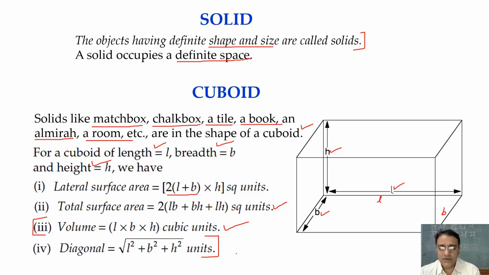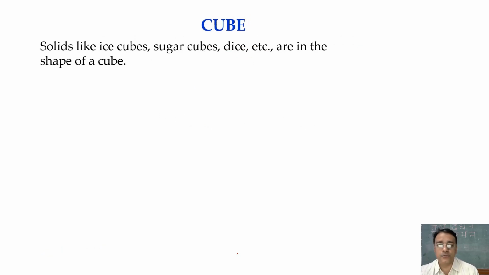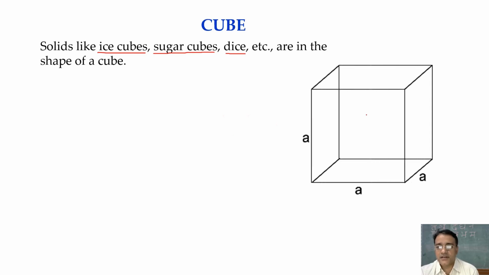Okay, so now let us have a look at the formulas of cube. Solids like ice cubes, sugar cubes and dice etc. are in the shape of cube. So this is the rough figure of cube. a is the length of edge. And what is the perimeter of the base here?